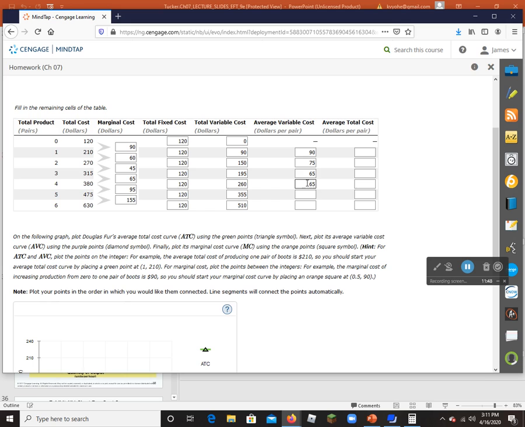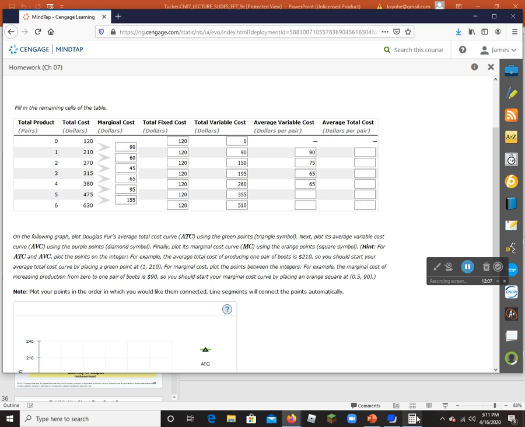This point right here is going to be important. That's where average variable cost and marginal cost are equal. And when we graph that, it's going to be the bottom of our average variable cost curve. It's going to curve down, be U-shaped. So let's keep finishing here.